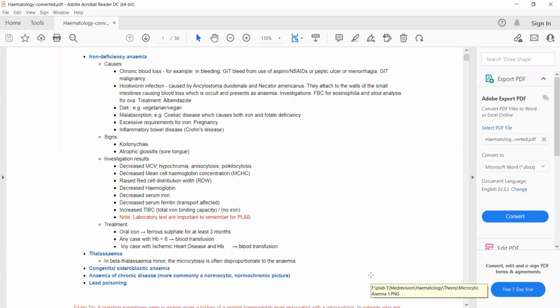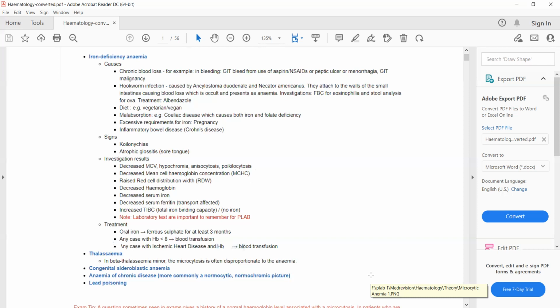So chronic blood loss can cause iron deficiency anemia, and the causes of chronic blood loss are bleeding from an ulcer, bleeding due to chronic NSAID or aspirin use, or bleeding in menorrhagia. The other causes of iron deficiency include malabsorption diseases such as celiac disease and chronic pancreatitis, as well as diseases of the ileum such as Crohn disease, which is an inflammatory bowel disease, and hookworm infections such as Ancylostoma duodenale and Necator americanus.